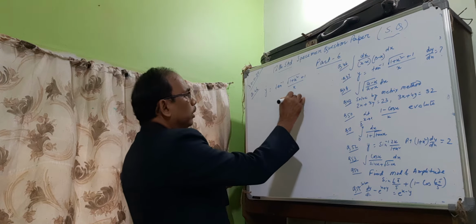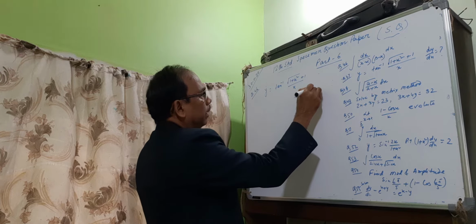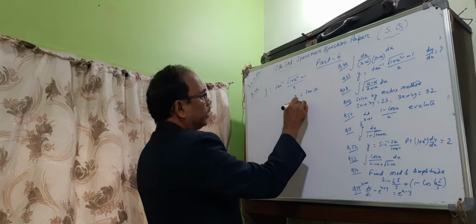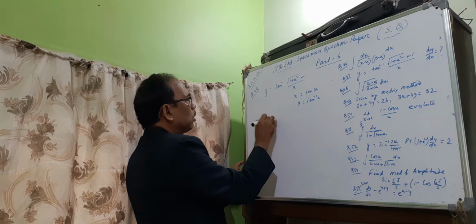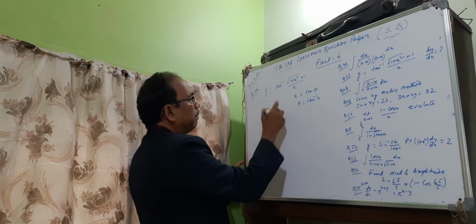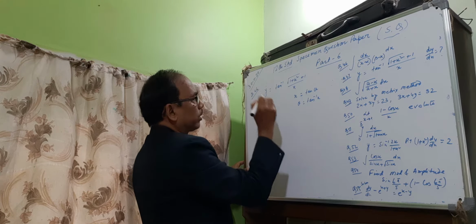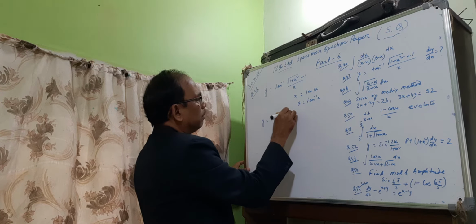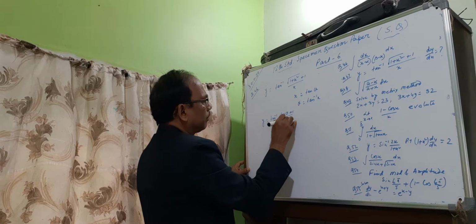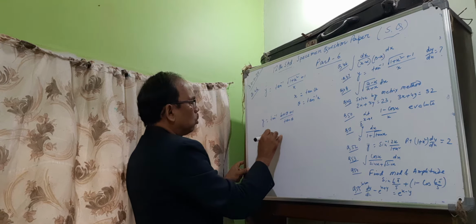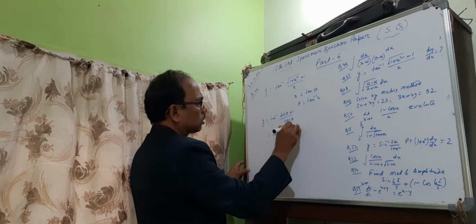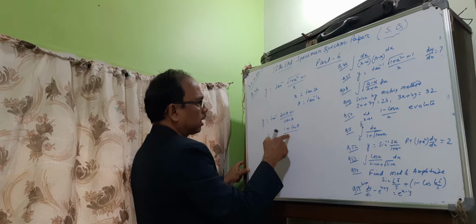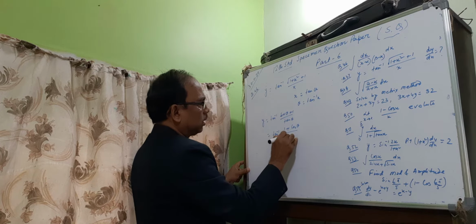Now let's put x equals tan theta, then theta equals tan inverse x, then y equals tan inverse of root over 1 plus tan square theta, sec square theta, that is only sec theta, plus 1 by tan theta equals tan inverse. Sec means 1 by cos, that is 1 plus cos theta by cos theta, and tan is sine by cos, that is only sine theta.